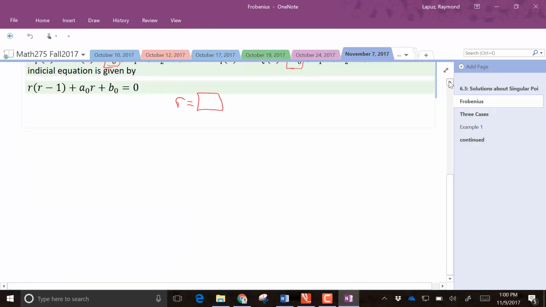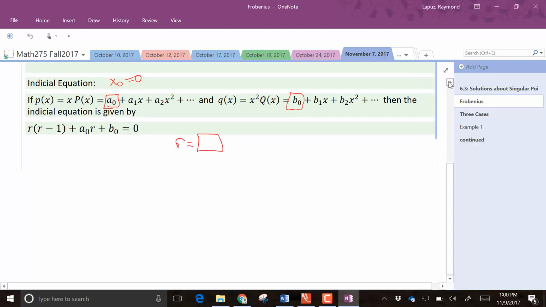So if we take a look at this indicial equation and we write out r squared minus r plus a naught r plus b naught is equal to 0, or r squared plus (a naught minus 1) r plus b naught equals 0.